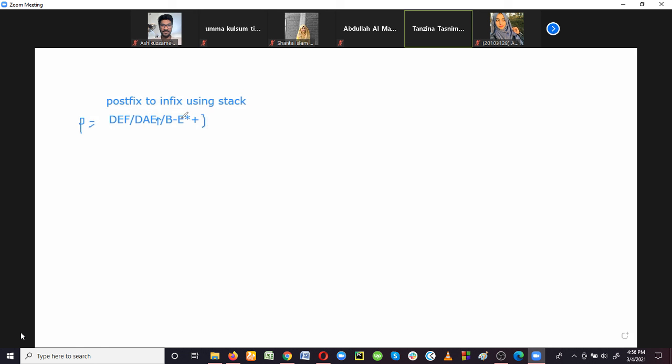Is that clear? What is the first step? Add a right parenthesis at the end of the postfix expression. Okay, and in this operation we just need to scan this postfix expression and we need one stack. So this is our postfix expression that we need to scan, and this is our stack.